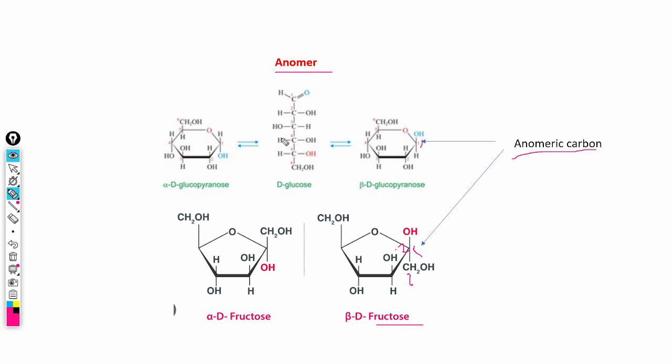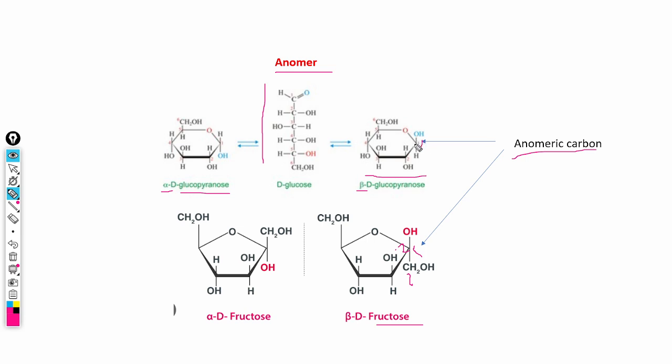So what is the anomer? Again, this is the glucose extended form. It can exist in two forms: the 6-ring structure or the 5-ring structure. In the 6-ring structure, one is called alpha glucose, or alpha glucopyranose, because it is present as the 6-ring structure. If it is glucofuranose, that means the same glucose is present in the 5-ring structure. So one is called alpha glucopyranose, and another is beta glucopyranose. What is alpha and what is beta?